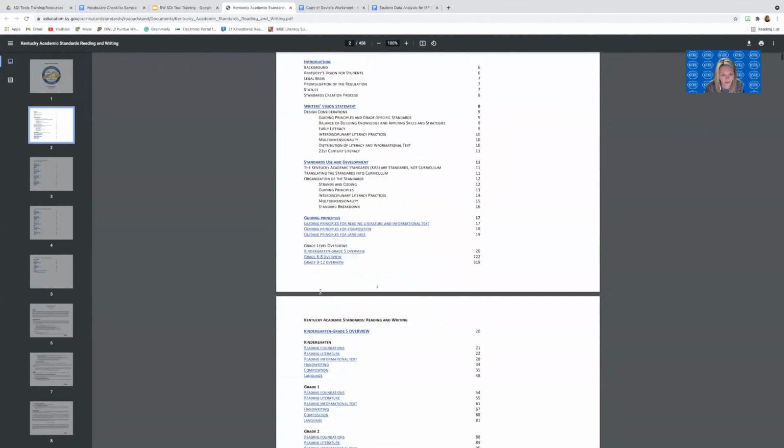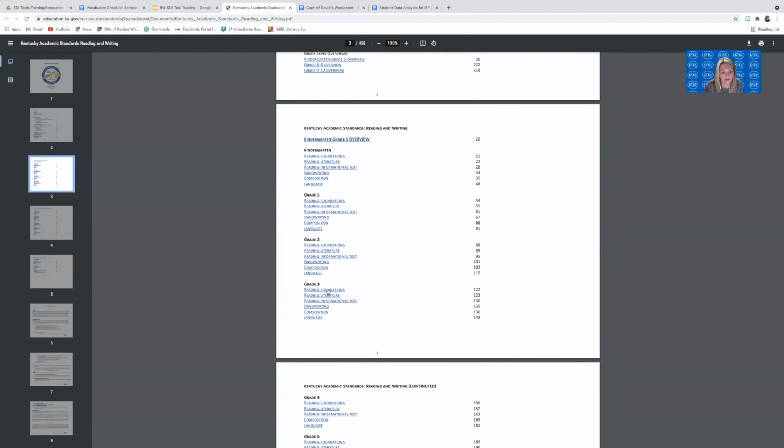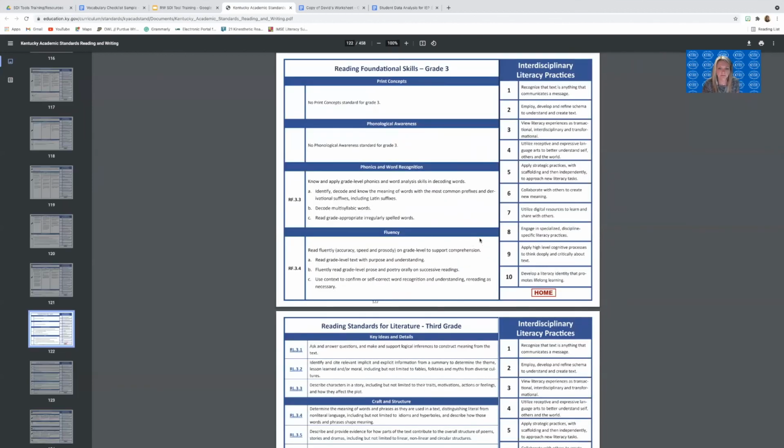So I went to third grade, and the phonics and word recognition standard: know and apply grade-level phonics and word analysis skills in decoding. With third grade, you have 3 here, and then the fluency, which, like we noted before, is the same throughout.